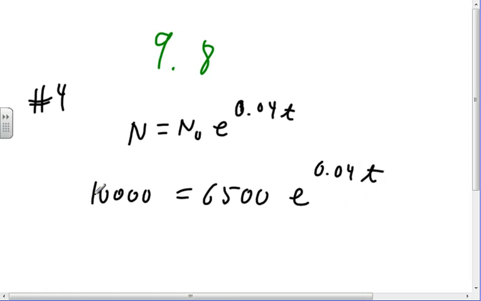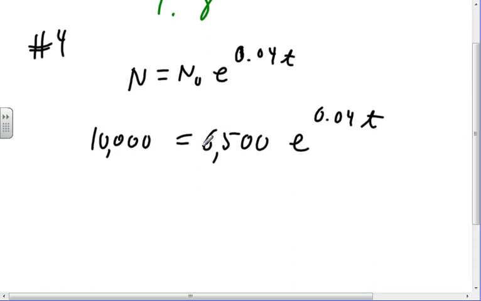My final amount is 10,000, initial amount 6,500. Divide by 6,500. 100 divided by 65 is equal to e to the 0.04 t.